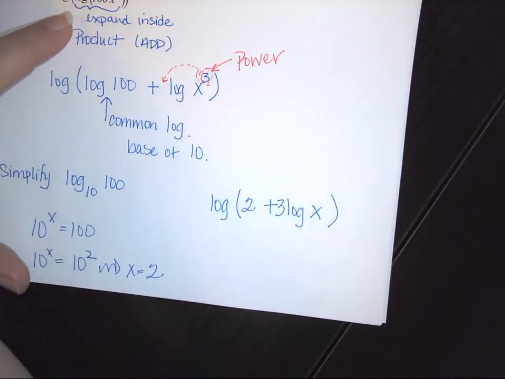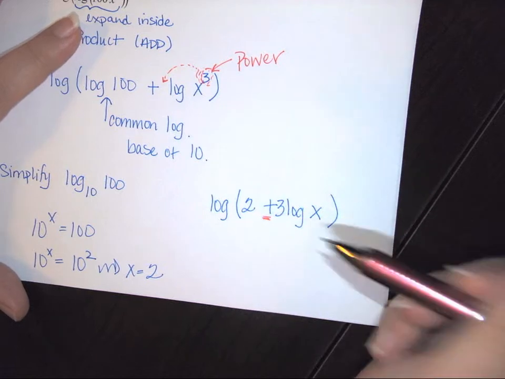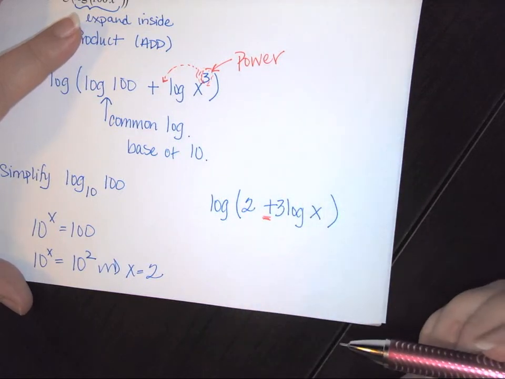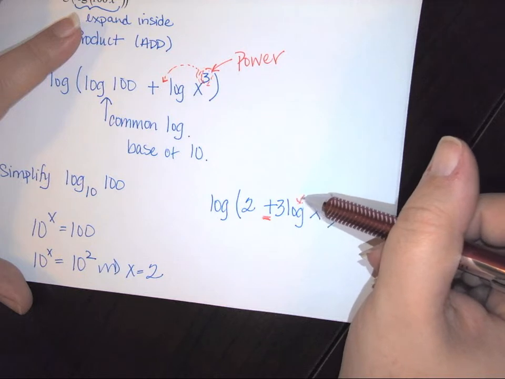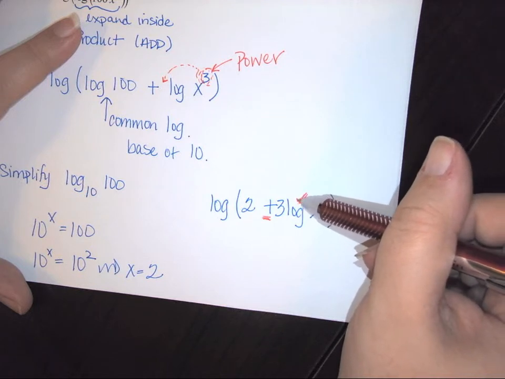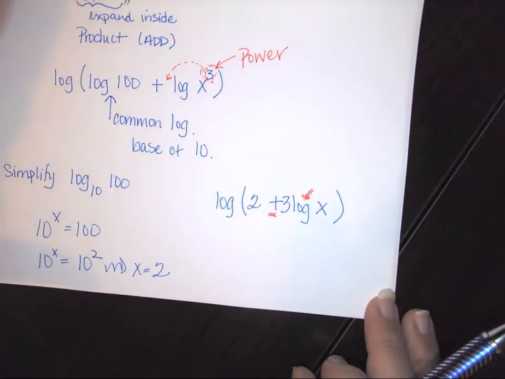And again, because of this little plus sign right here, there's nothing else really that we can do, as well as since I still have this log function right here, it means that I am as simplified as far as I can go, and thus that would be your expanded result.